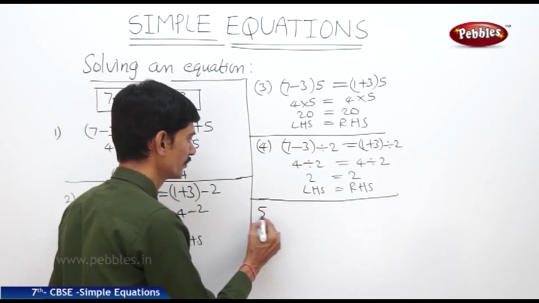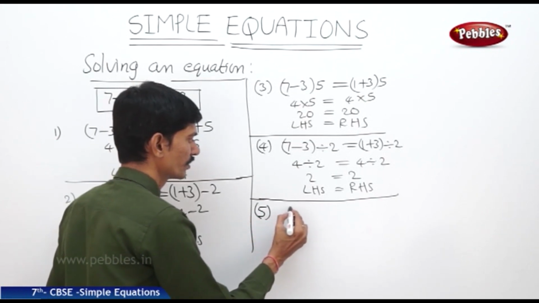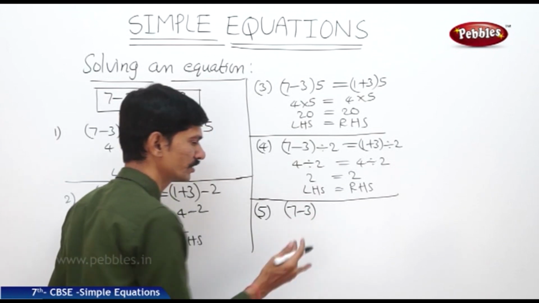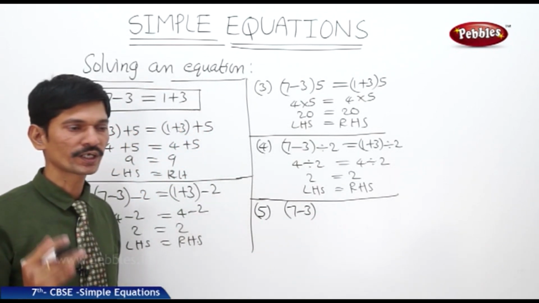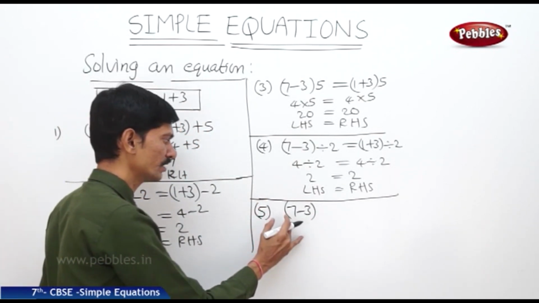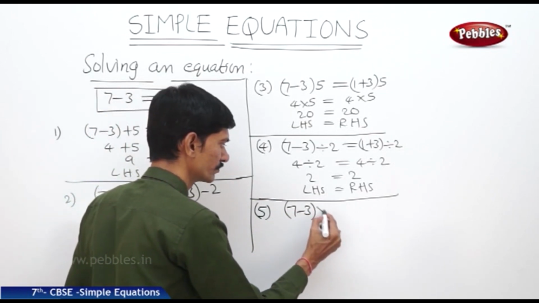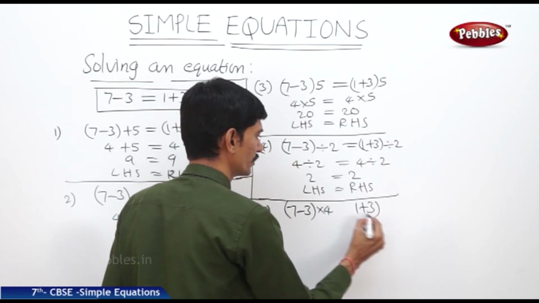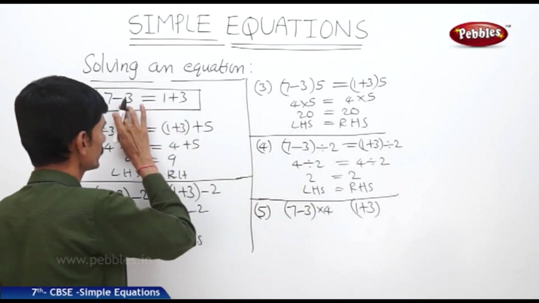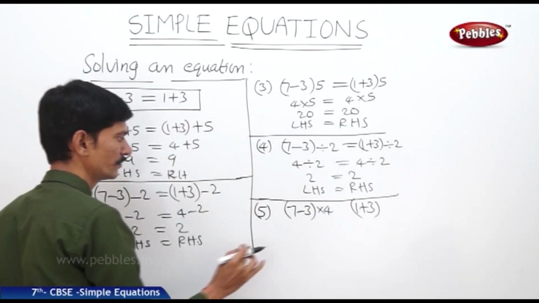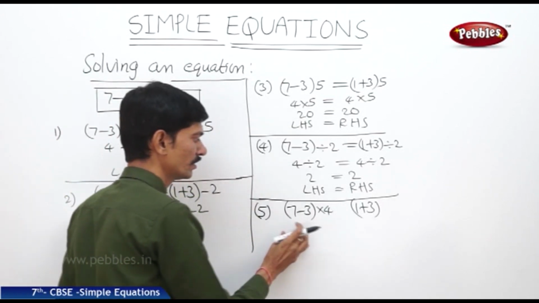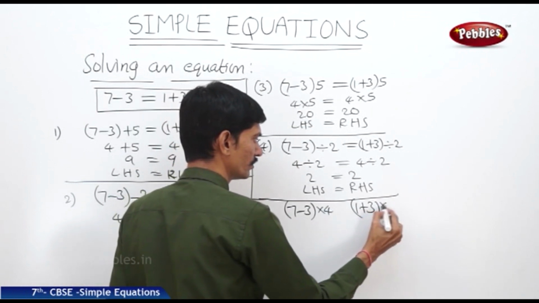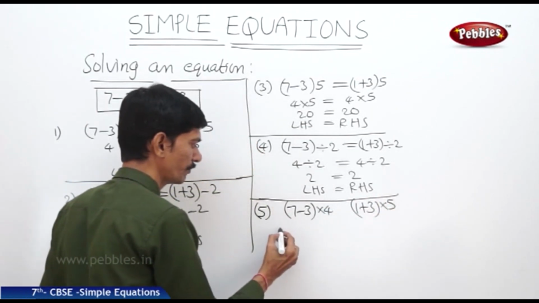Now let us take the fifth case, that is here 7 minus 3. So here LHS is 7 minus 3 and RHS is 1 plus 3. For example, if you take the multiplication operation, we are multiplying LHS by 4 and we are multiplying RHS by 5. Then let us see what happens now.